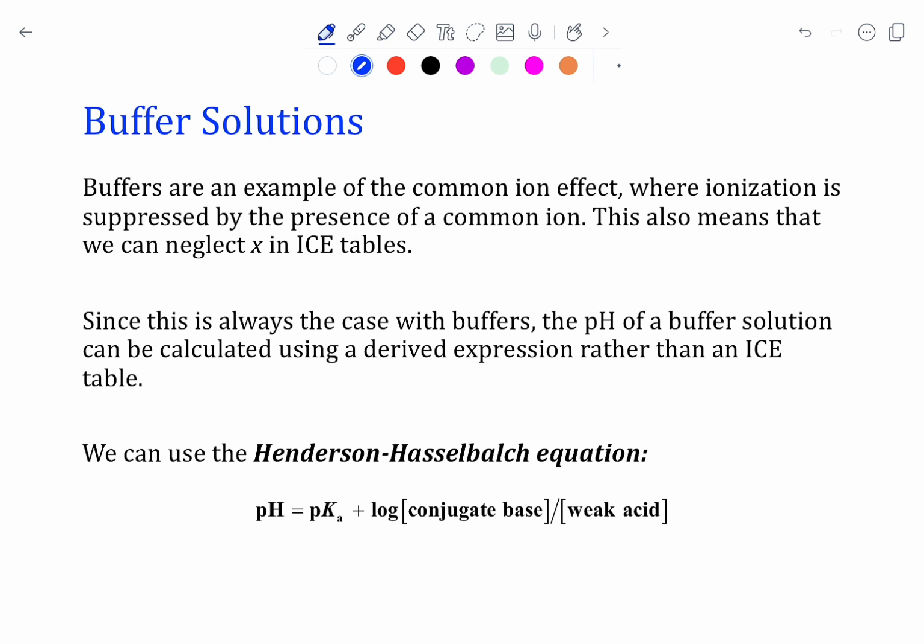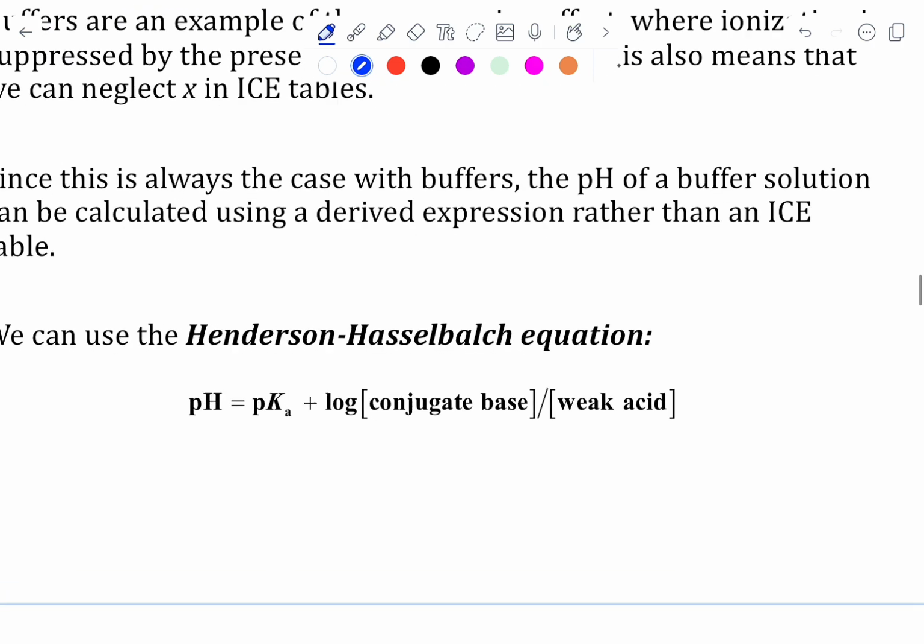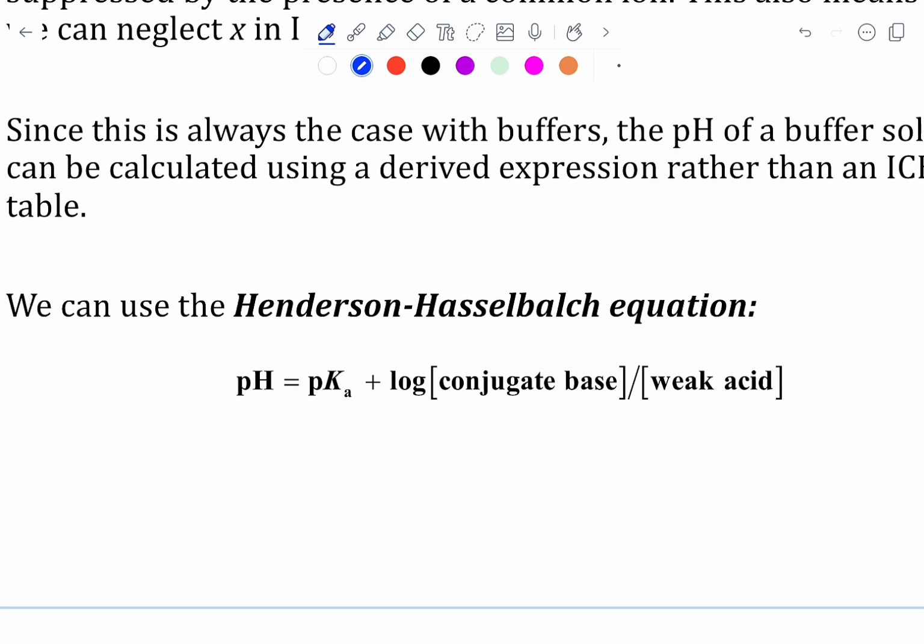So as long as you have a weak acid and its conjugate base in solution, instead of going through and doing the ICE table like we saw previously, what we can do instead is use something called the Henderson-Hasselbalch equation. The Henderson-Hasselbalch equation says that the pH of our buffer solution is going to be equal to the pKa plus the log of the conjugate base concentration divided by the weak acid concentration.